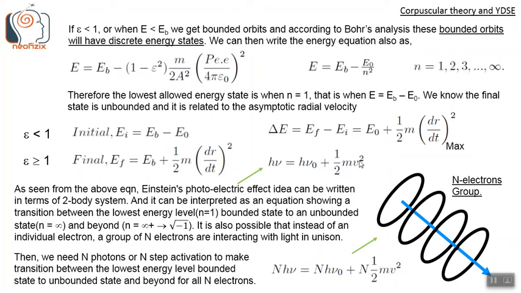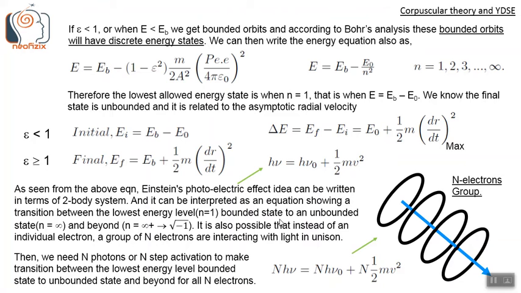Half m v square is equivalent to this asymptotic radial velocity at cos theta tending to 1 by epsilon, and h nu is the delta E, which is the change in the energy of the system. So h nu equals h nu naught plus half mv square, which is Einstein's photoelectric effect equation, can be written in terms of this two-body system when epsilon is greater than or equal to 1.